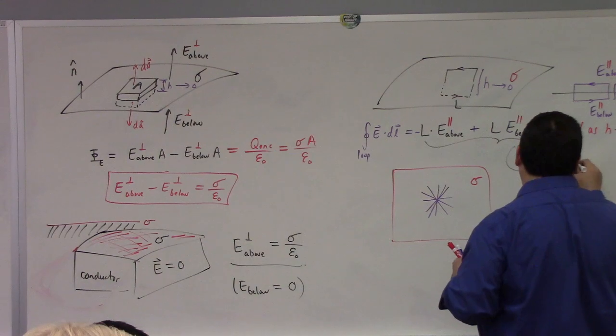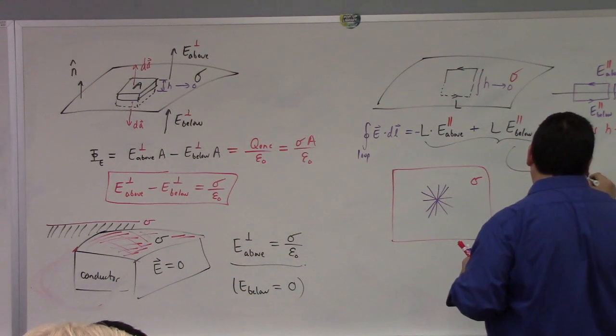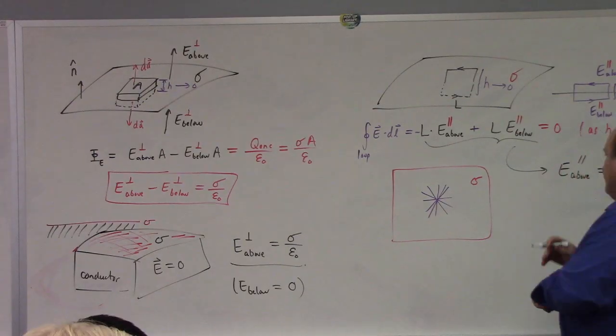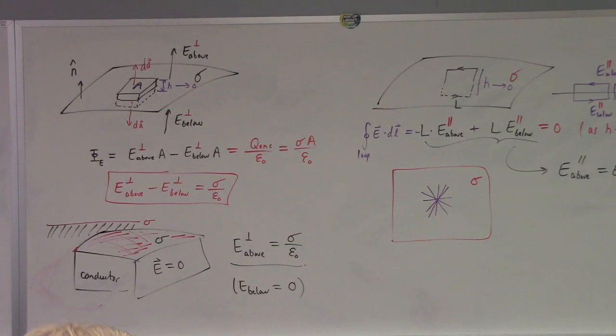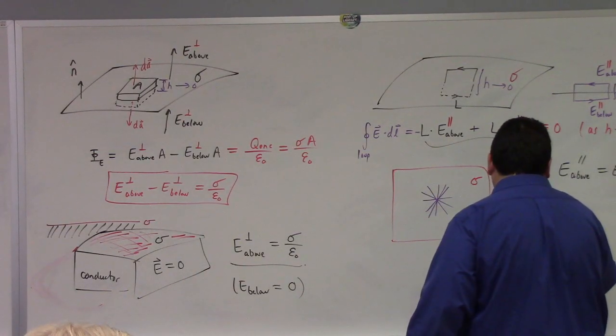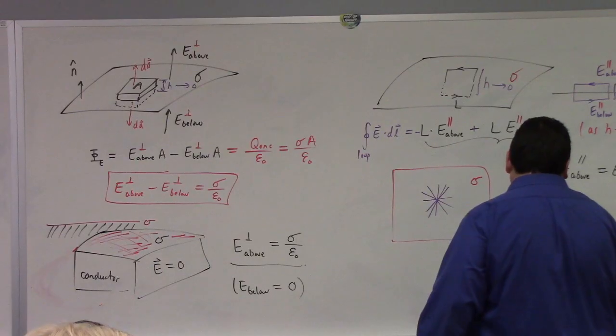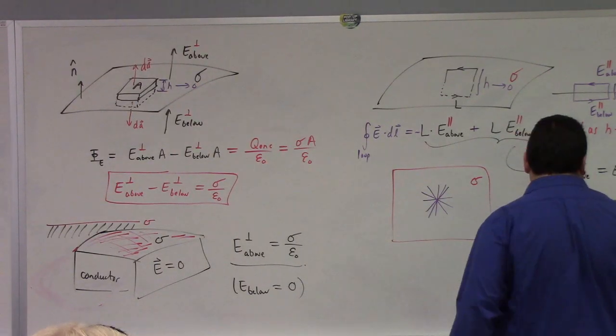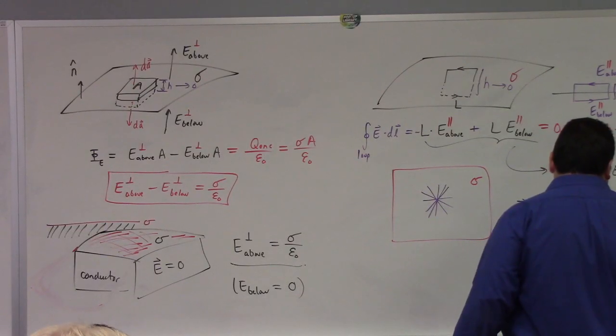This shows me that E parallel above is equal to E parallel below. Put this all together, what's this say? This says that the electric field above minus the electric field below is equal to sigma over epsilon naught n hat.